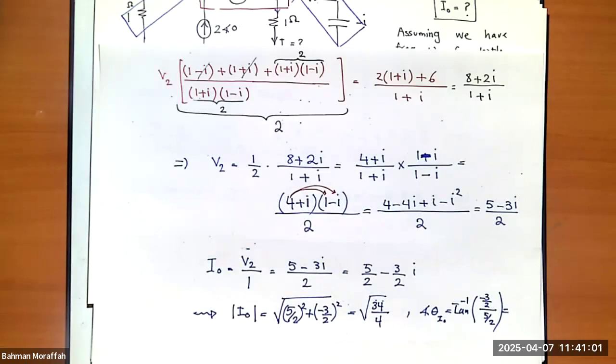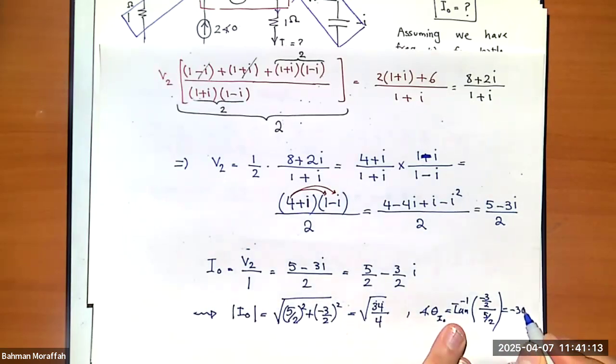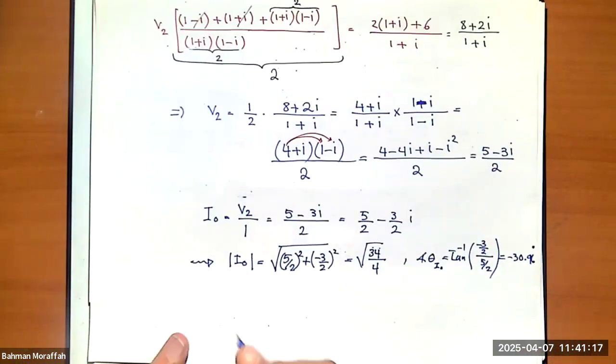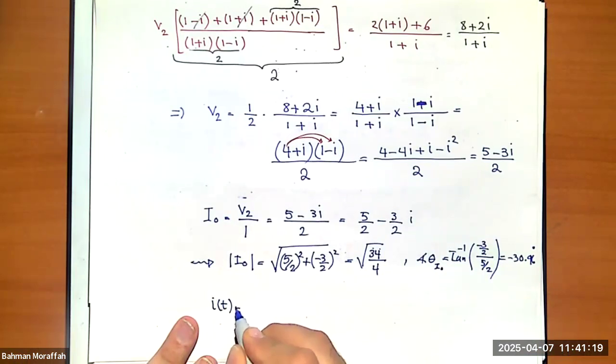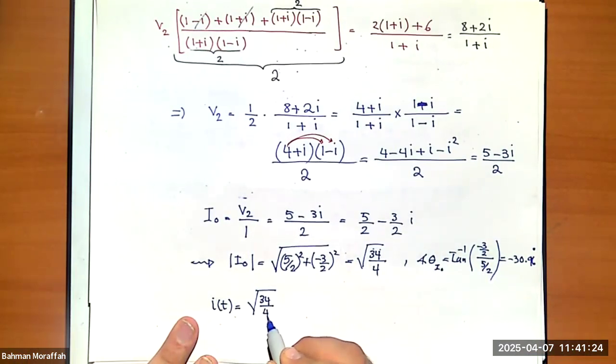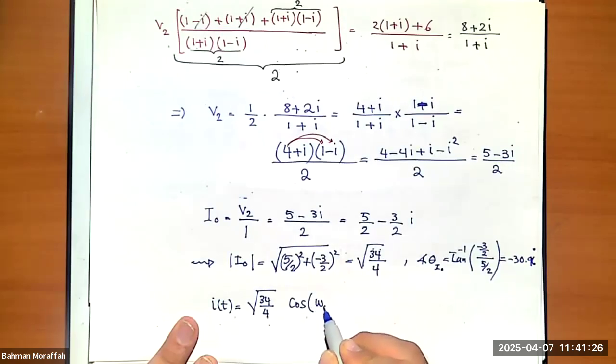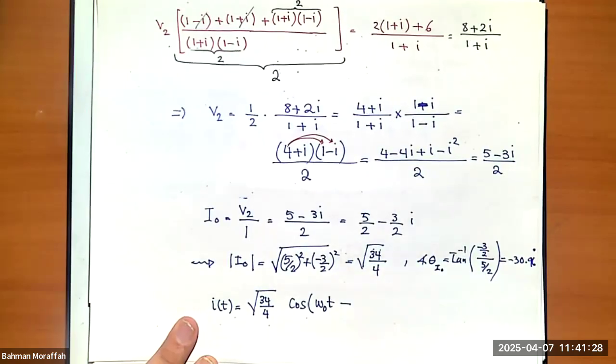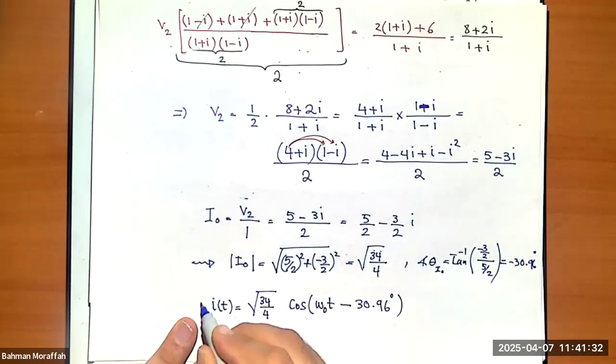Fourth quadrant, right? So when I'm finding that theta, I have to make sure it is in the fourth quadrant. So it turns out this is actually minus 30.96 degrees. So what is i(t)? i(t) is the magnitude, which is the square root of 34 over 4, cosine omega naught t, plus phase, which is minus 30.96.